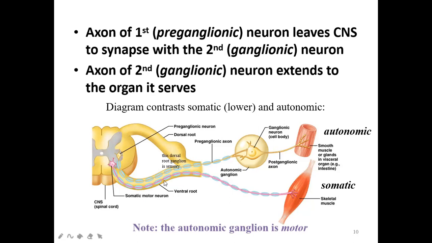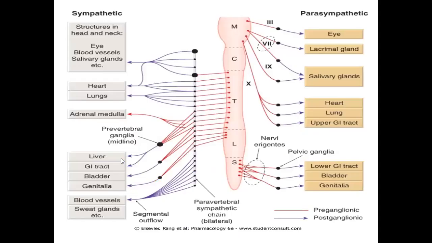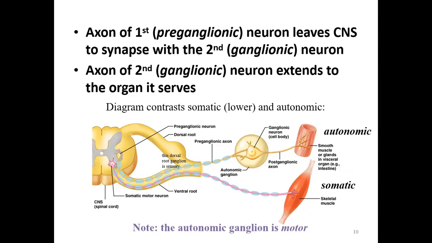Whereas the autonomic neuron starts from the dorsal root of the spinal cord, and from there the preganglionic axon is myelinated.